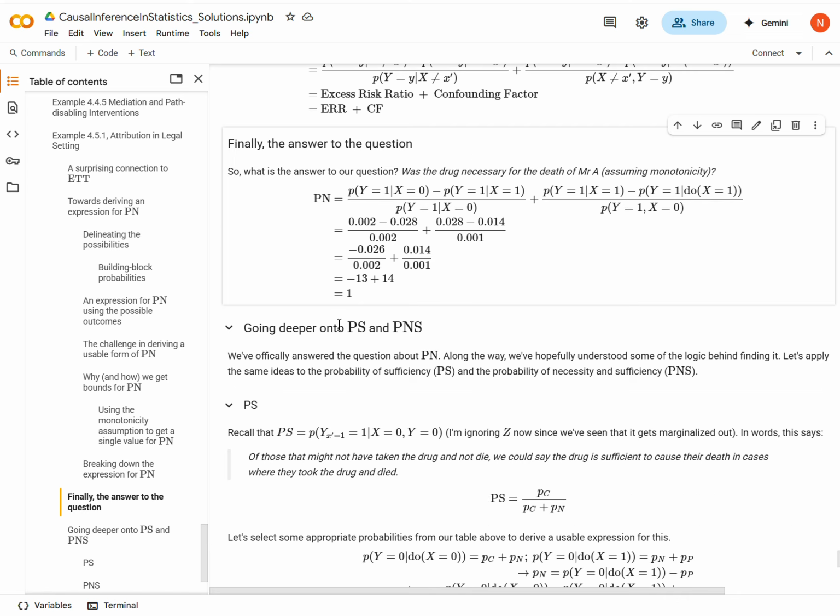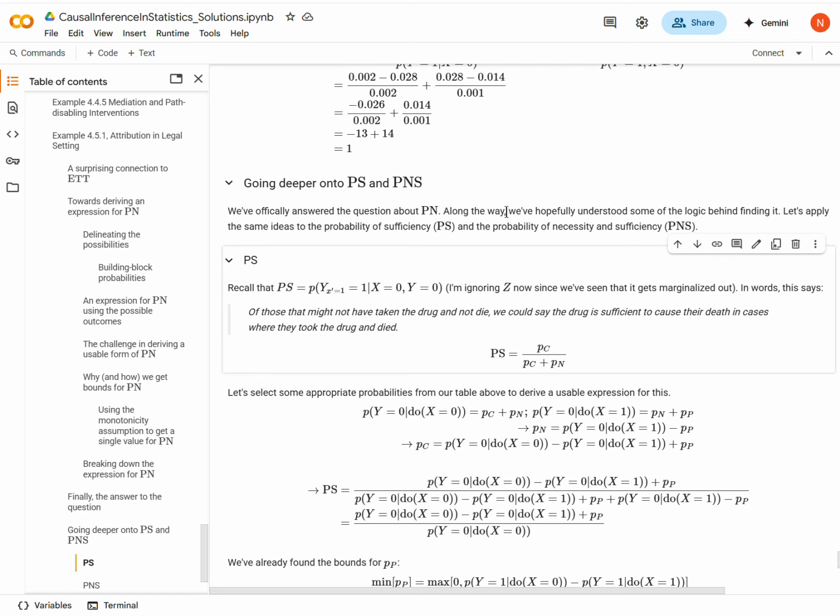But I also want to look at the probability of sufficiency and the probability of necessity and sufficiency with these PC, PN, or the population proportion terms that we derived earlier.